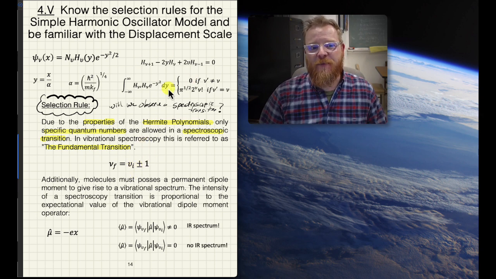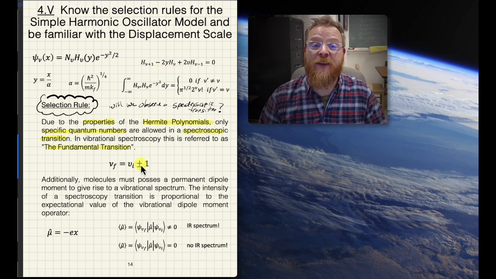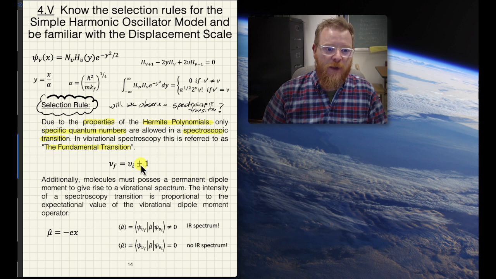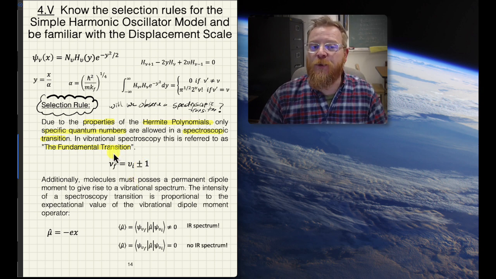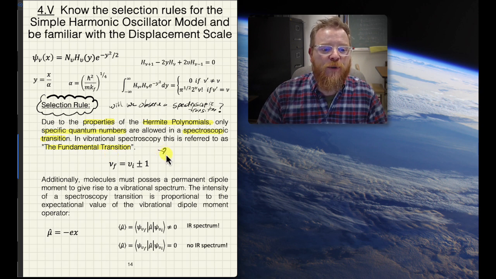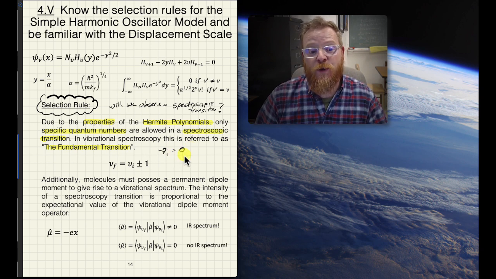That might not be obvious from the properties of the Hermite polynomial here, but we can work our way through those and prove that that must be so. And so we call this the fundamental transition because if you recall from our statistical mechanics, we expect almost all molecules to be in the vibrational ground state, which corresponds to nu equals 0.